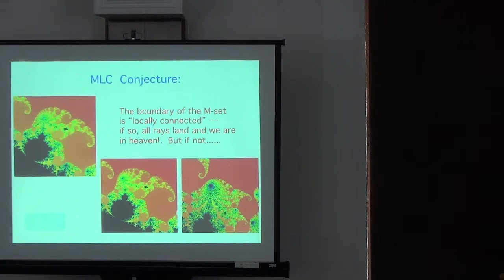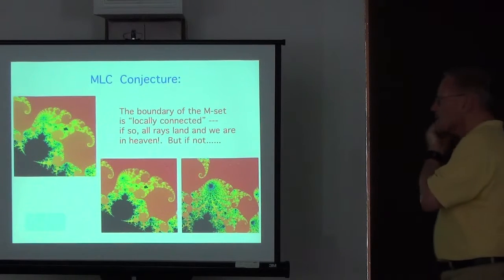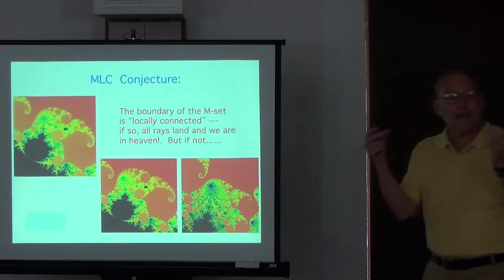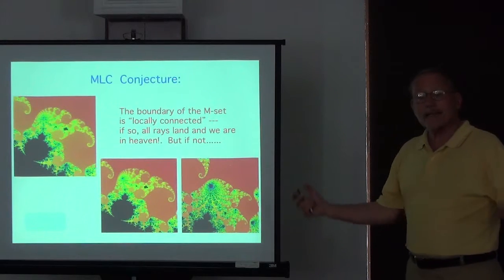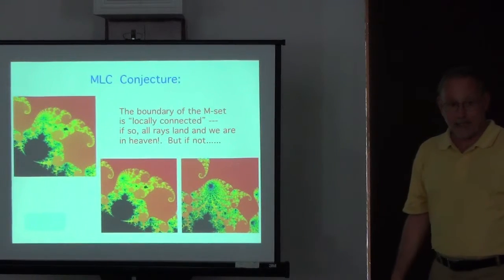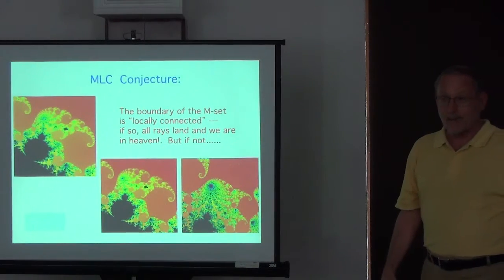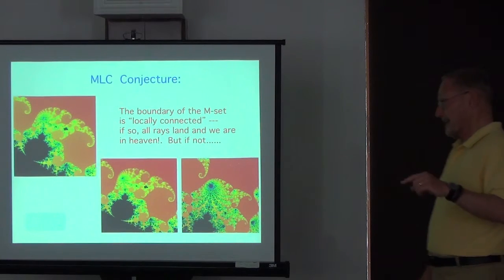So that's the MLC conjecture, the local connectivity conjecture. The boundary of the Mandelbrot set is locally connected. We can prove that it's topologically locally connected, and it's a fact that all these rays land. Okay, if they all land, we finally understand x squared plus c. But we don't know that yet.